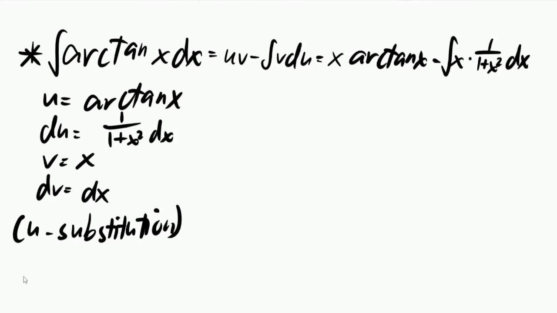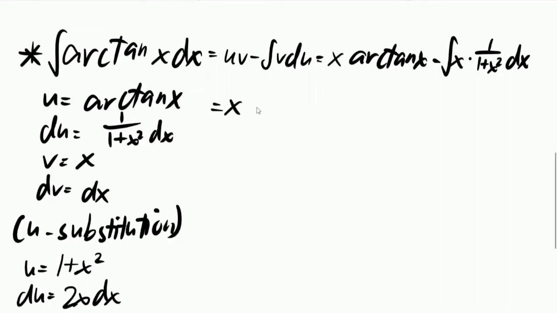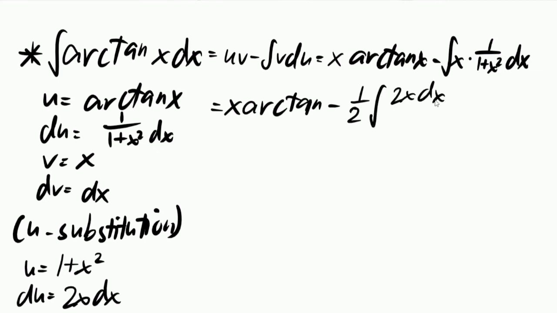Using U-substitution, we will use 1 plus x squared as our u, and then find the derivative of the u, that is equal to 2x dx. Now what we are missing here is the 2, right? So from the earlier examples of U-substitution, we will add the 2 here: x arctan x minus 1/2, and then 2x dx, since we still have the x right here from the v, over 1 plus x squared.